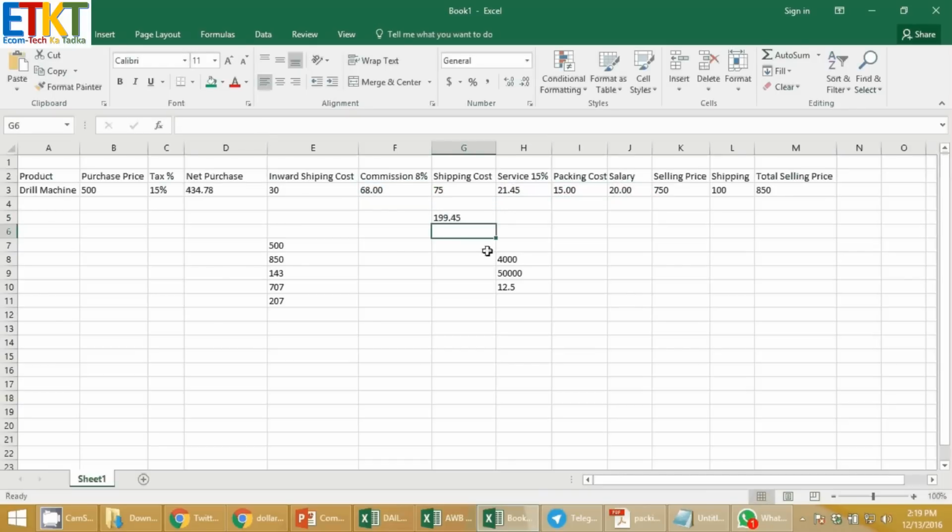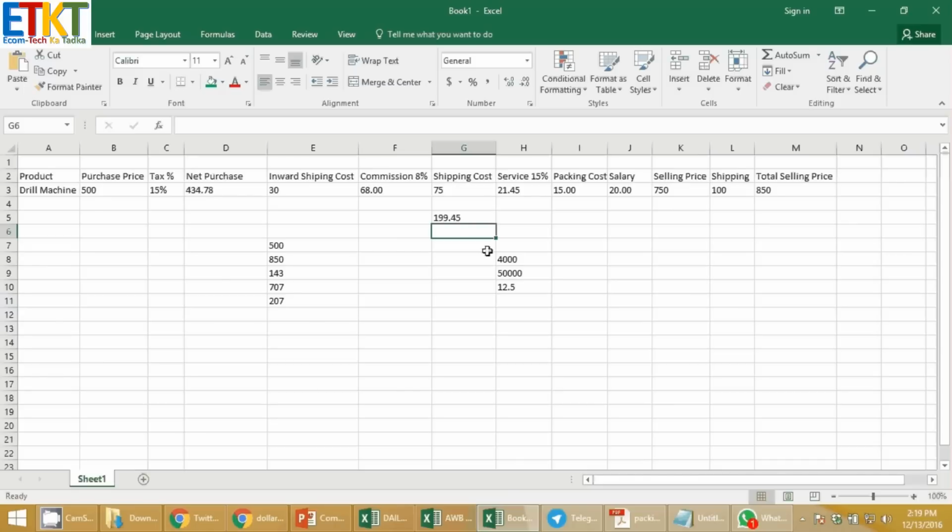Okay, now you saw this difference here, it's coming to 199.45, and here when you looked at it, it was showing 143. So there is a difference of almost 50 rupees, guys, more than 50 rupees. Okay, now this is not the end of it.